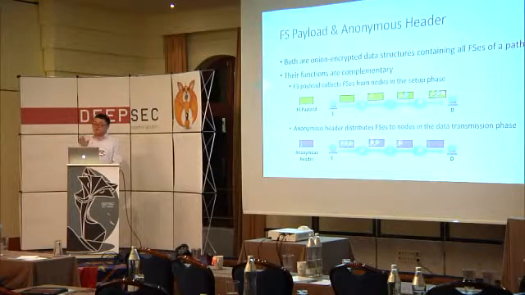Both of these data structures are unencrypted data structures. Their task is to contain the forwarding segments, and their functions are complementary. Remember, the source will need to collect forwarding segments in the setup phase. That is done by the FS payload. And in the transmission phase, each data packet will contain the state for each node. That is done by the anonymous header.